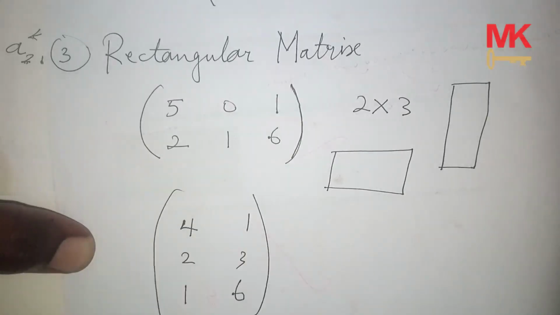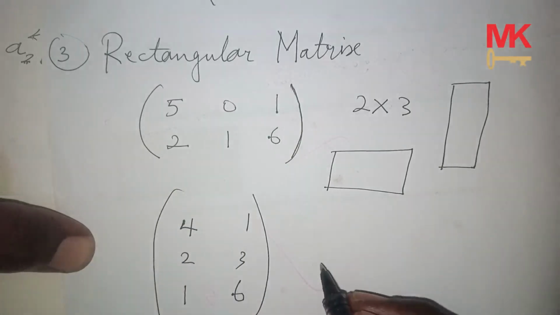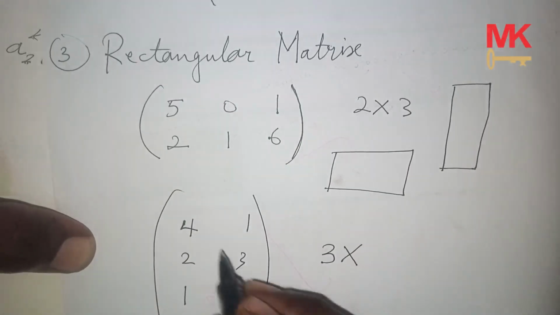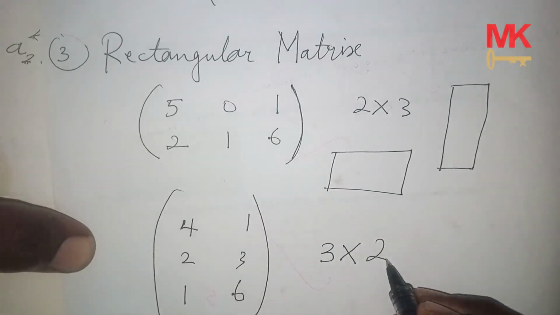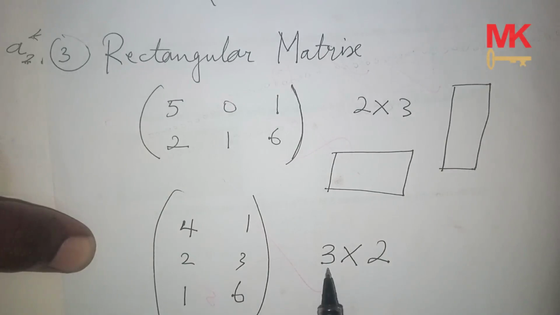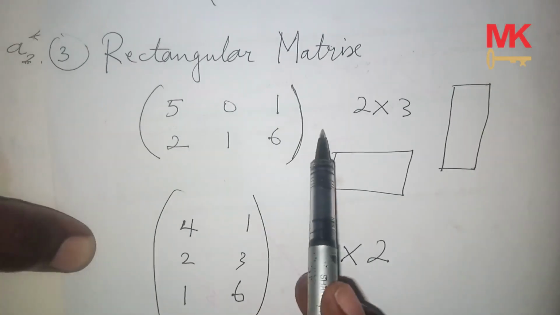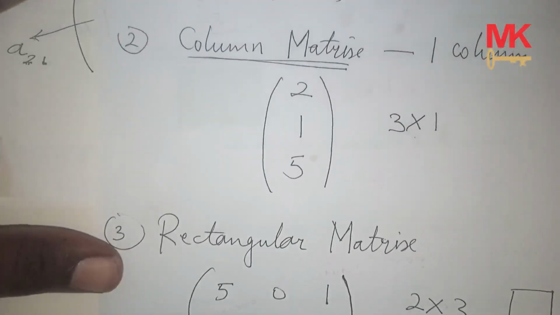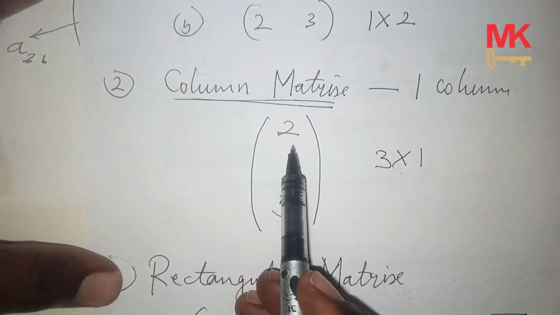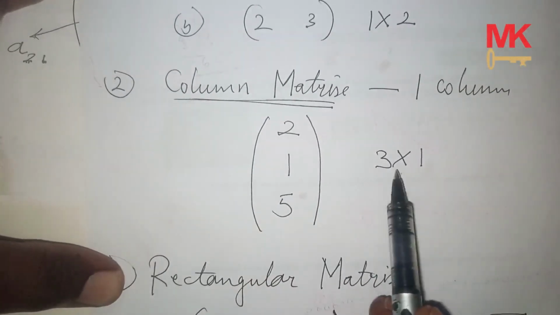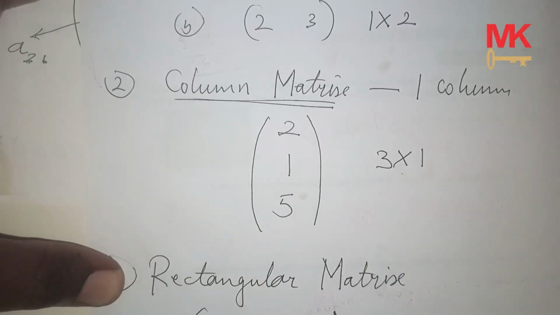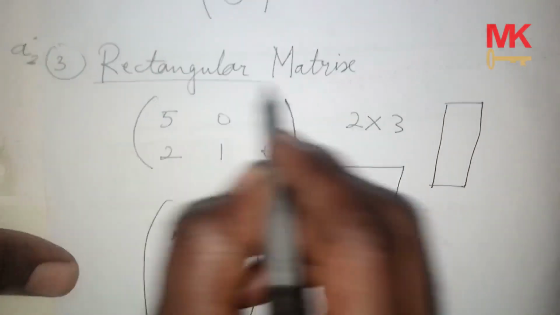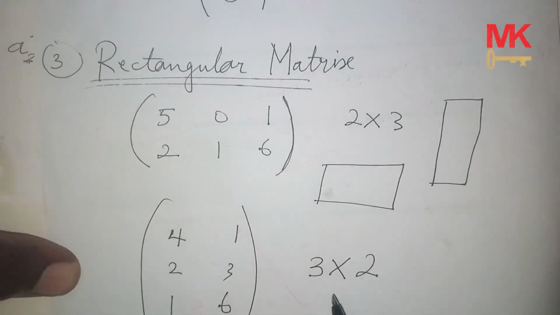So this is also a rectangular matrix because we have 1, 2, 3 rows and 2 columns. So the dimension of this matrix is 3 by 2, while the previous one is 2 by 3. Technically, we can even refer to the column matrix as a rectangular matrix, because the row and the column are not the same. So that's what the rectangular matrix is all about. Rows and columns are different.